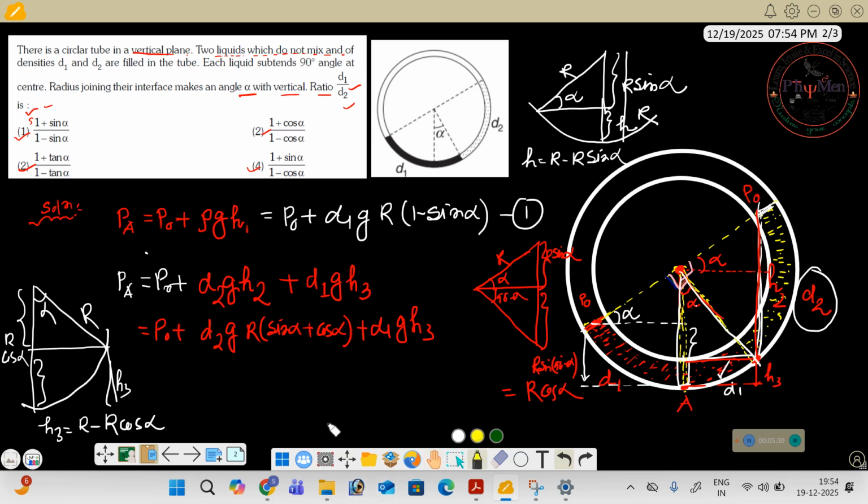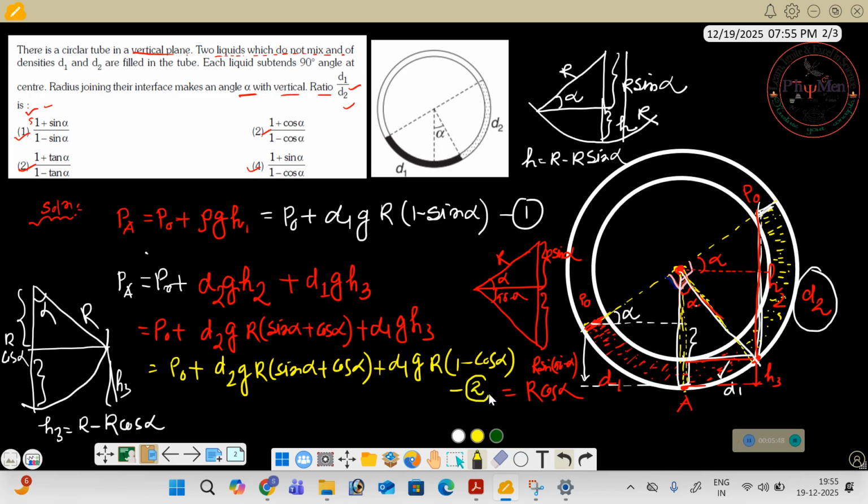So if you write this, P naught plus d2 g R into sine alpha plus cos alpha plus d1 g, for h3 we will write R into 1 minus cos alpha. So this is the expression for pressure at A by the right liquid column.